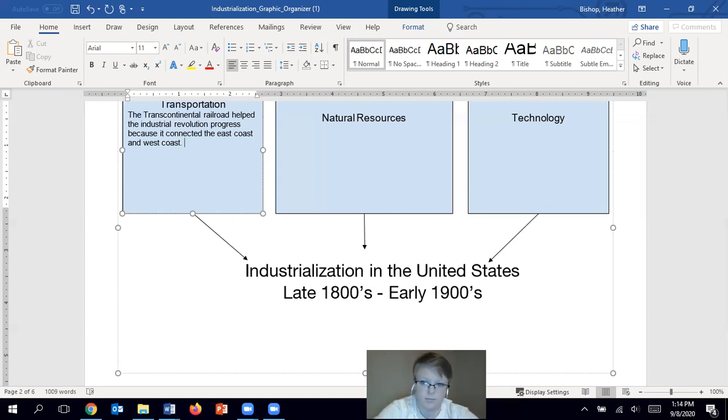How can we support that, and how can we further this? We can say this railroad, how do we want to say this?